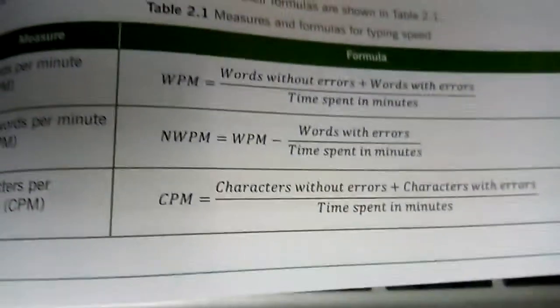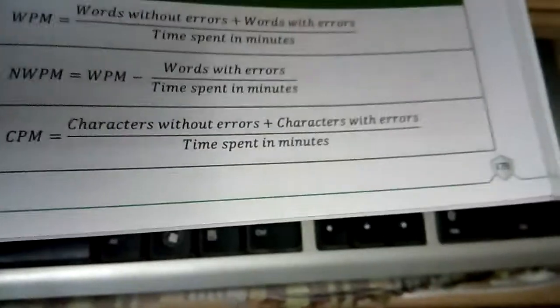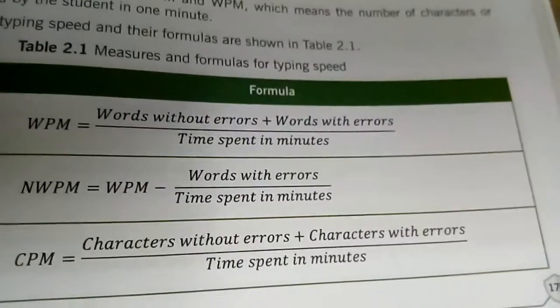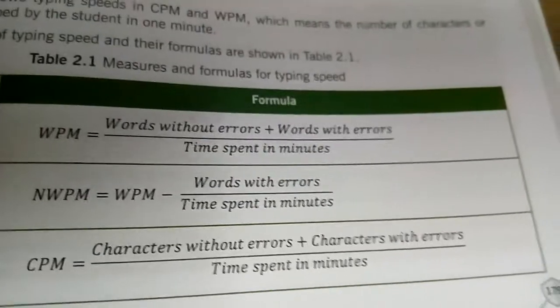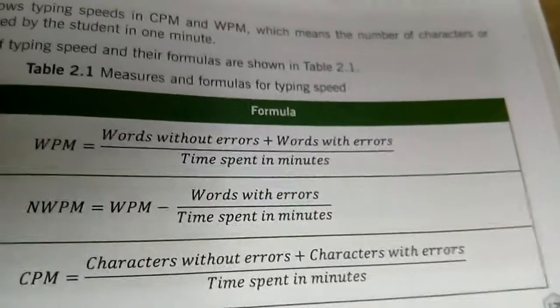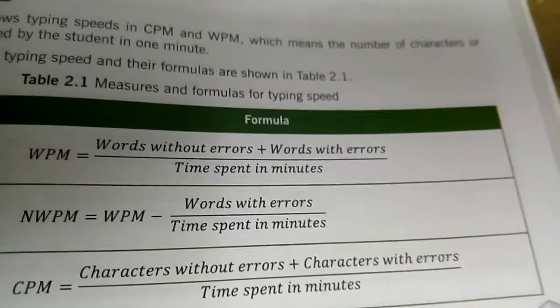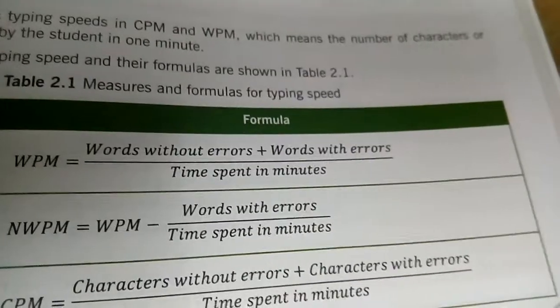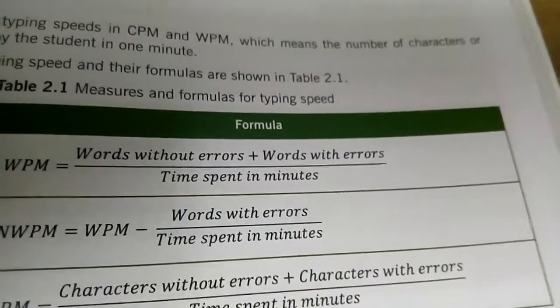First one is words per minute, WPM. WPM means words without error plus words with error, means how many words you have done without any mistake, and with mistakes. These two types of words will be added and then divided by the time spent in minutes.